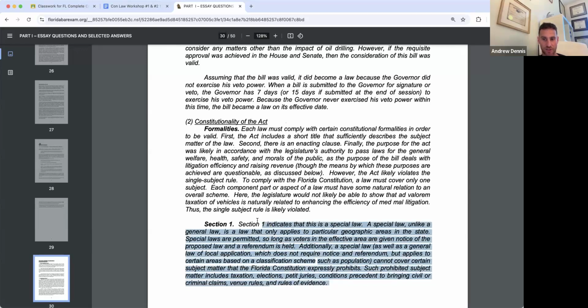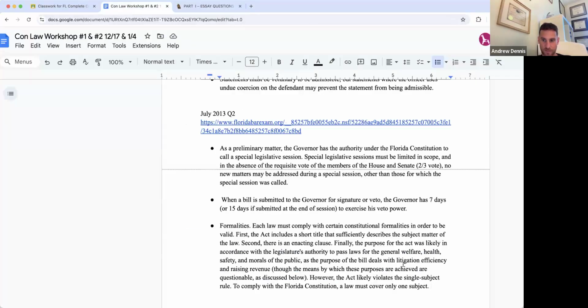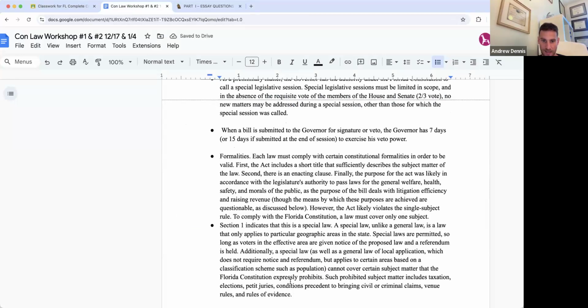They have to be general laws to cover those subject matters. They are prohibited subject matters for special laws or general laws of local application. And what are they? Like we said, taxation, elections, petit juries, conditions precedent to bring civil or criminal claims, venue rules, and rules of evidence.